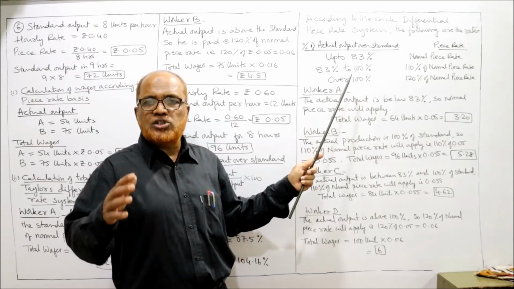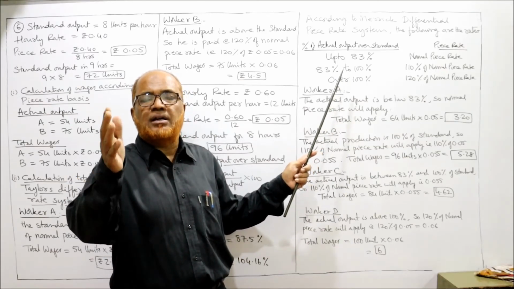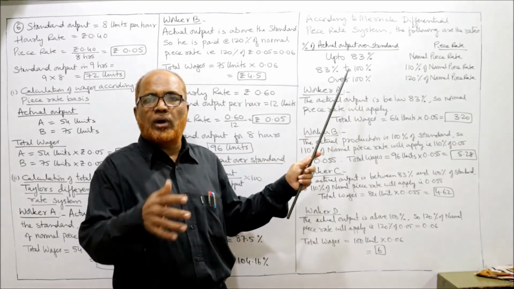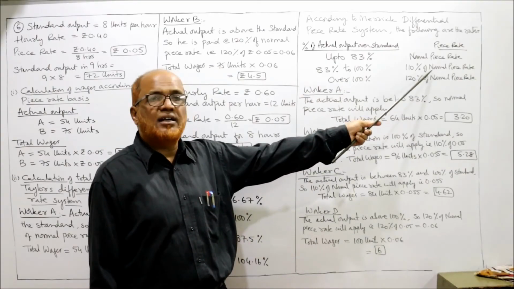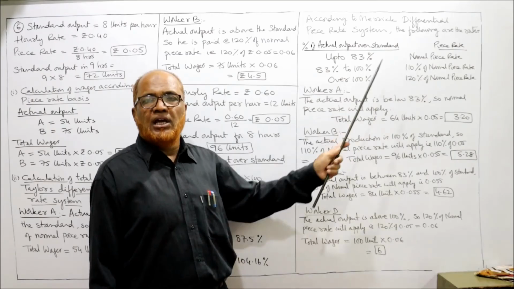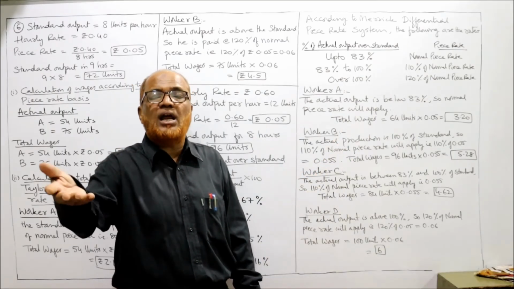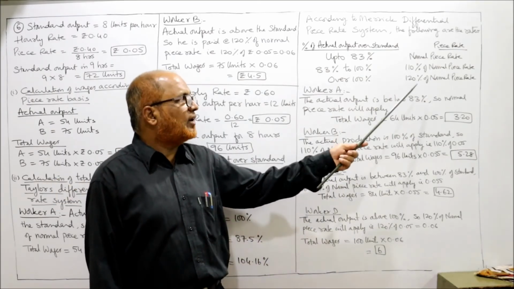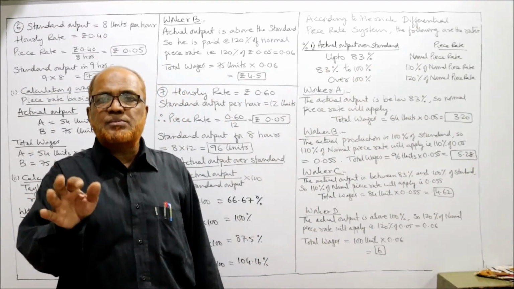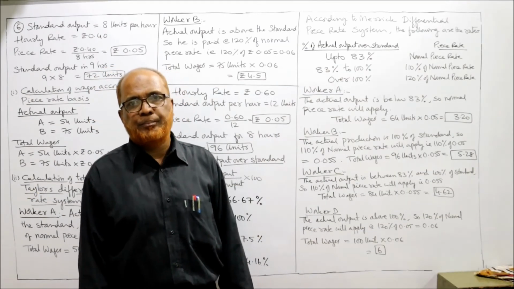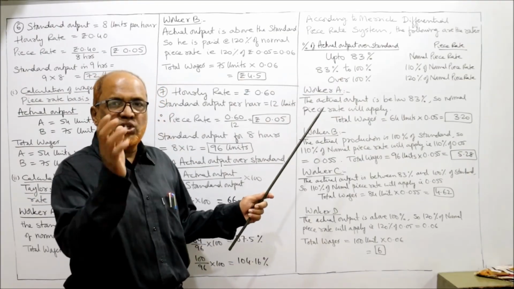If a worker produces more than 83% but up to 100%, he will be paid 110% of normal piece rate. If a worker has produced more than 100%, he will be paid 120% of normal piece rate. These rates you have to remember. It will not be specified in the problem.